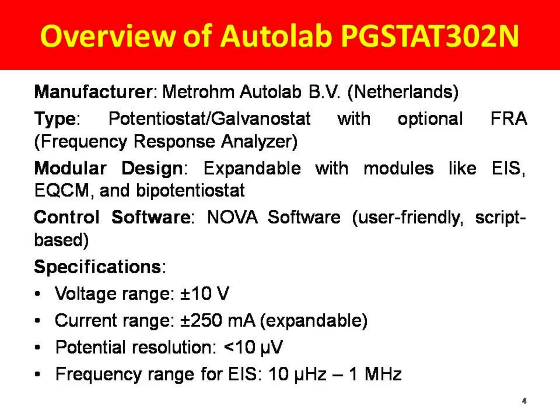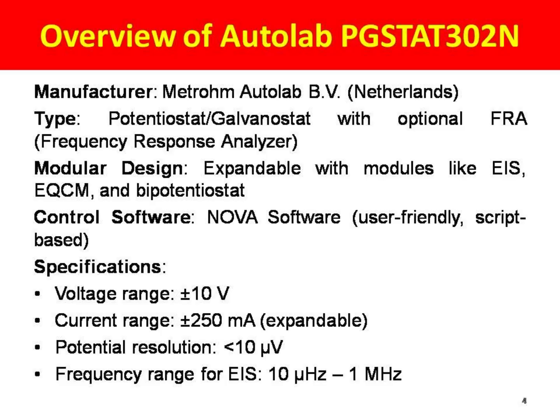The type of equipment we have used is a potentiostat galvanostat with the optional frequency response analyzer, and a modular design that is expandable with modules like EIS, EQCM and bipotentiostat. The software used is Nova software, because it is user friendly and script based.